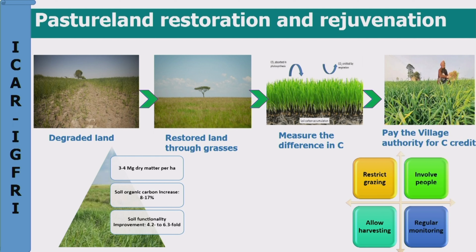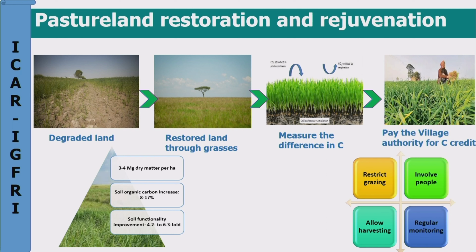And after 3 years of restoration, we measured the difference in carbon sequestration, and this difference can be used as a carbon credit for the local poor farmers, so that they can get additional income as well as contribute to the protection of the environment significantly.